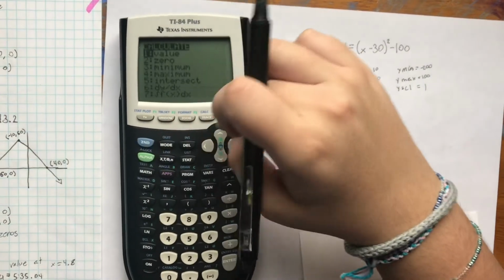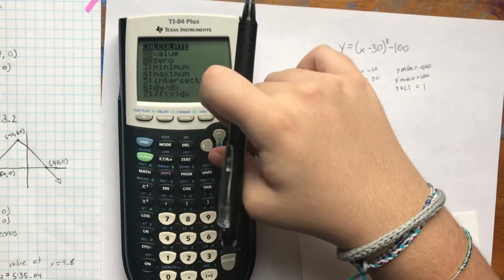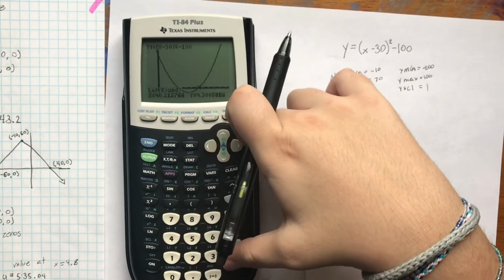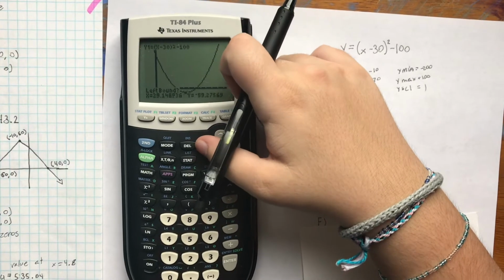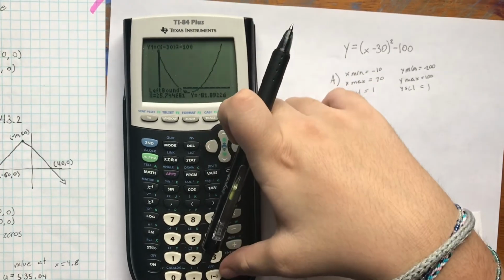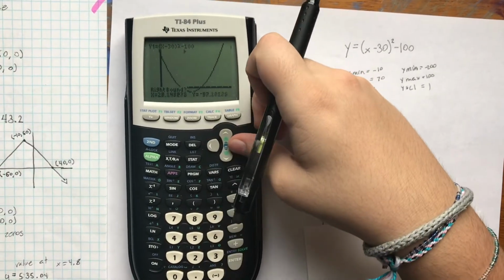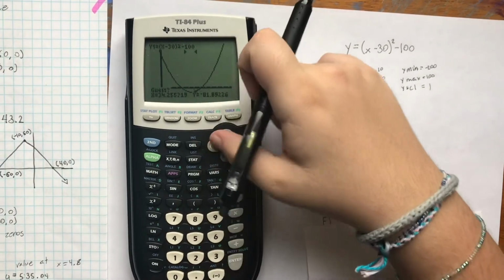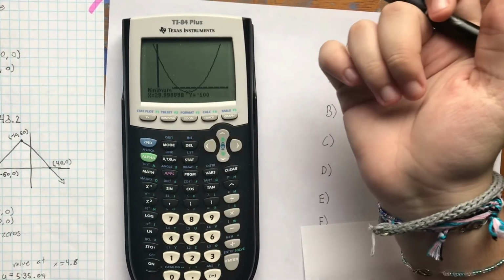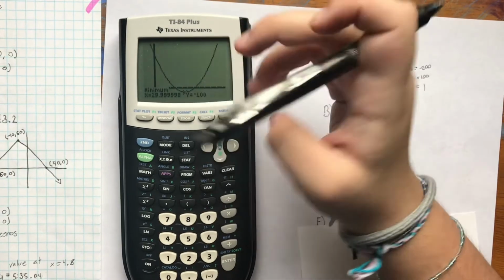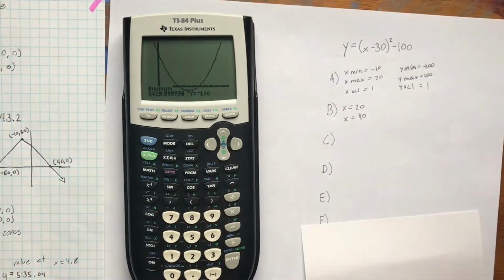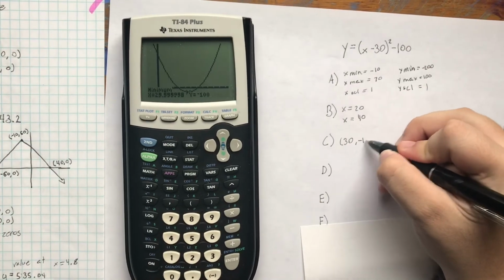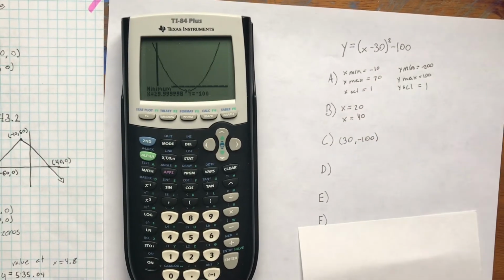So go to calculate again and go down to minimum. And it'll basically ask you the same thing as when you were finding those zeros. So left, then right, then just press enter. And you've got your minimum being at about 30, negative 100. And there's your minimum and answer to C.